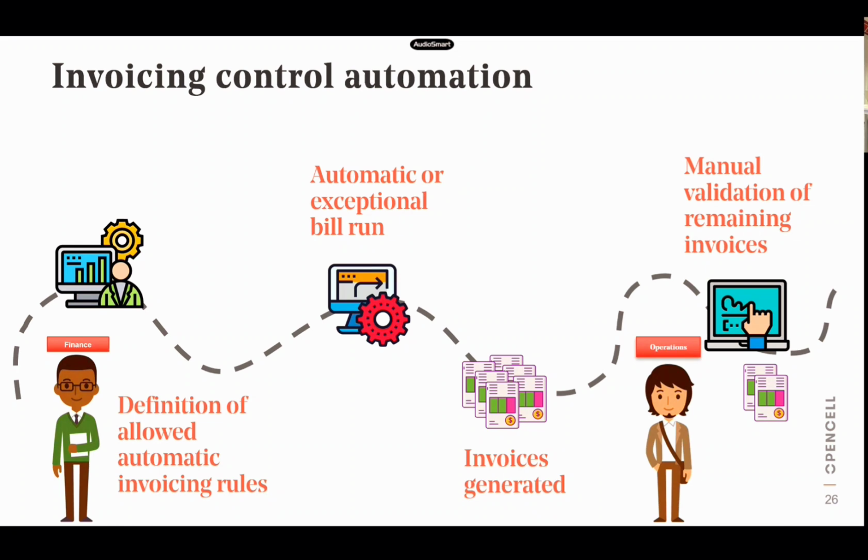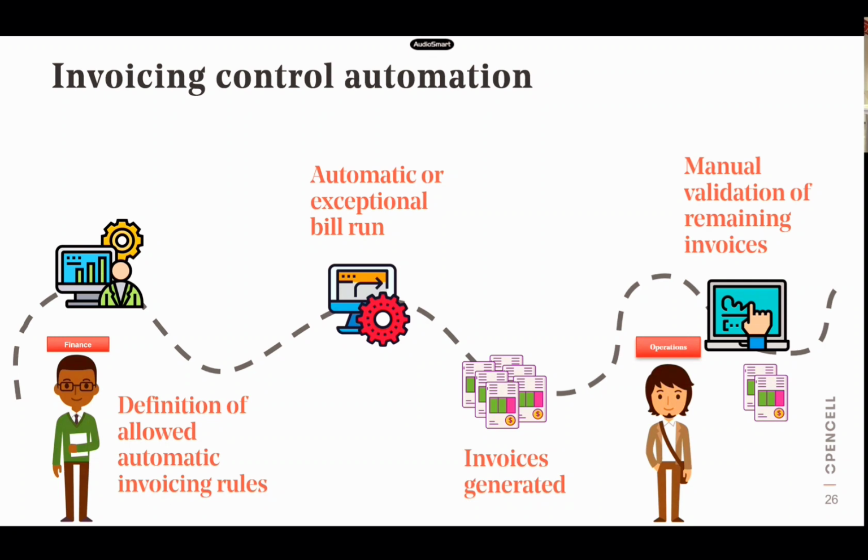Hi everyone. So I will present to you the new feature in Opencell 14, which is the invoicing control automation. As Emmanuel already explained, it's a set of rules that will allow you to automatically check the invoices, check if they are valid or if they must be manually checked.